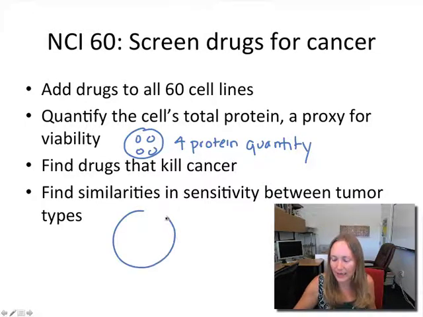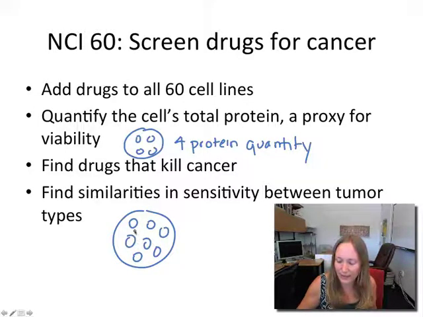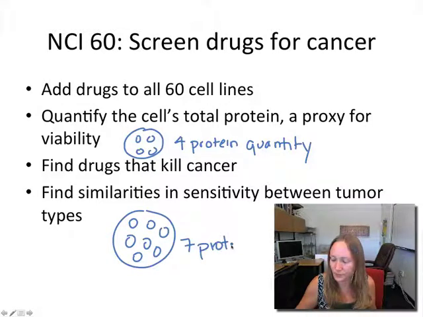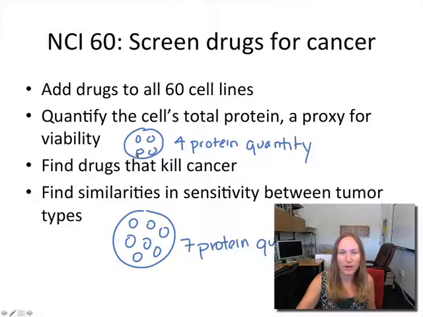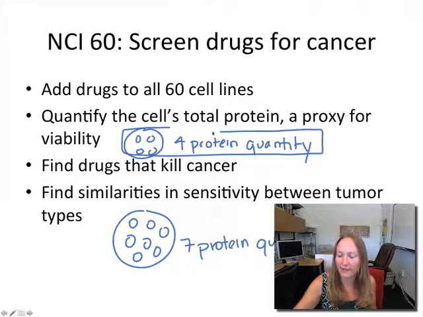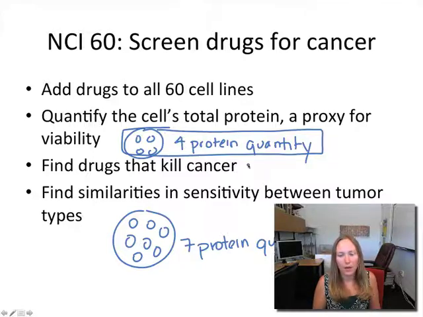Whereas a plate in which the drug was not as effective and has 7 cells still alive will have 7 protein quantity. So assuming that you started off with the same number of cells in each plate and then added the drug, you would say that the drug was more effective at killing these cells because there's less protein left.